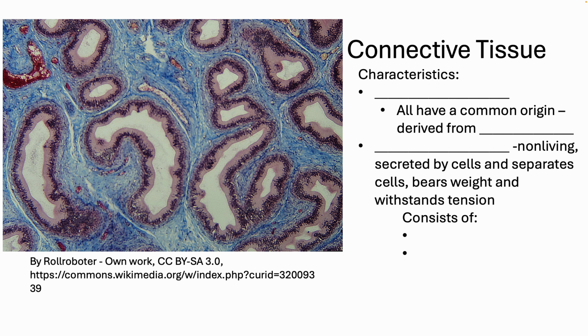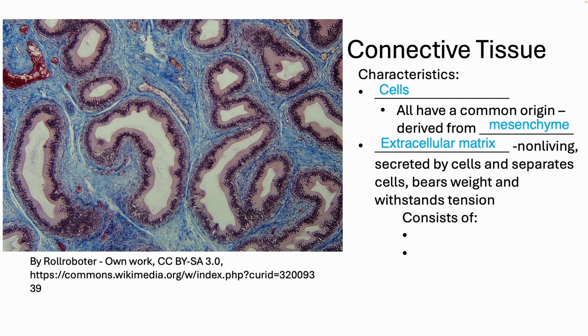So connective tissue is going to be made up of both cells and non-cells. The cells are going to share a common origin. They're all going to be derived from a type of embryonic tissue known as mesenchyme, while the non-cellular component is going to be the extracellular matrix.